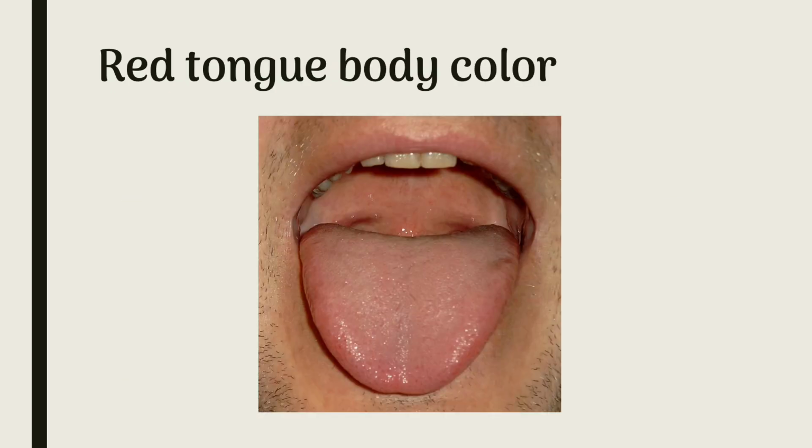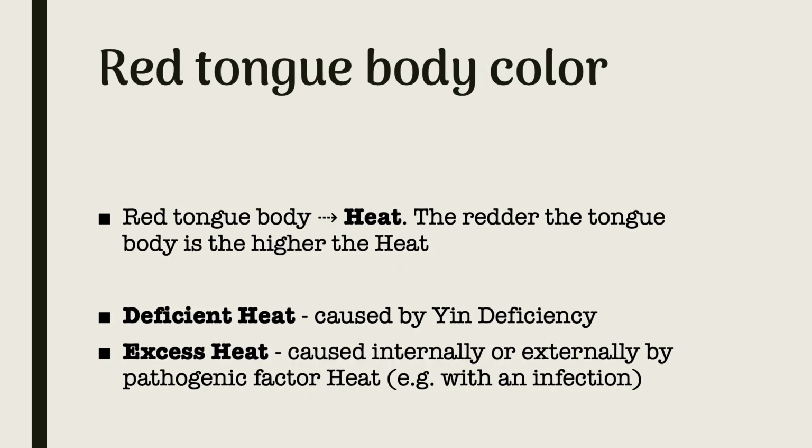By a red tongue body color, the color is redder than the normal tongue. The reddening varies between light red and dark red. The red tongue body indicates a condition of heat. The redder the tongue body is, the higher the heat.